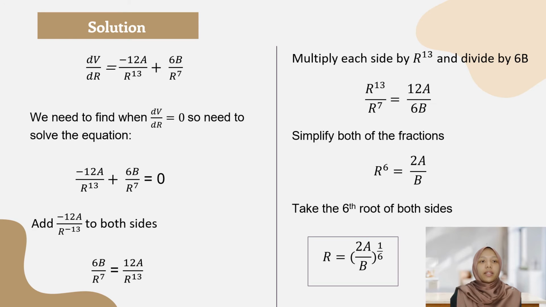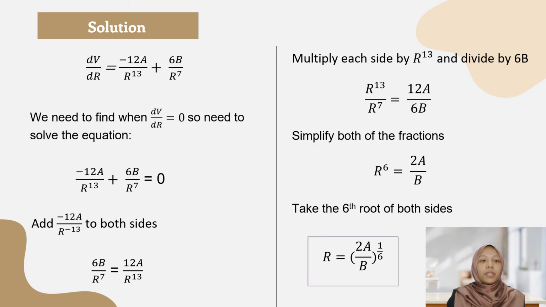And then we add 12A/r¹³ to both sides. 6B/r⁷ = 12A/r¹³. Then we multiply each side by r¹³ and divide by 6B. So we get r¹³/r⁷ = 12A/6B.